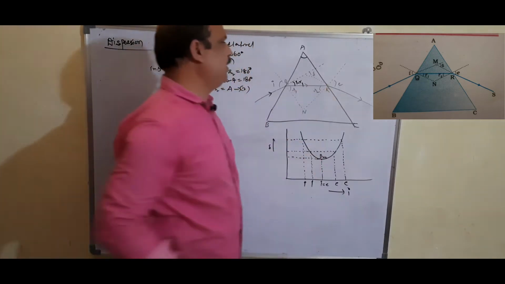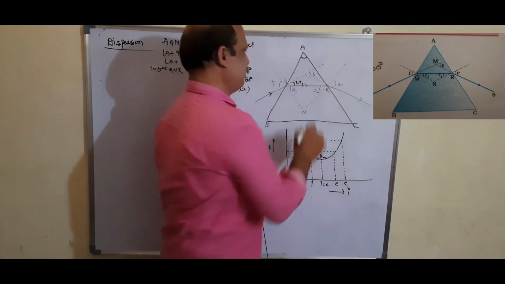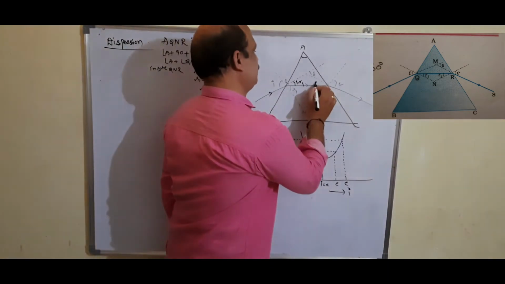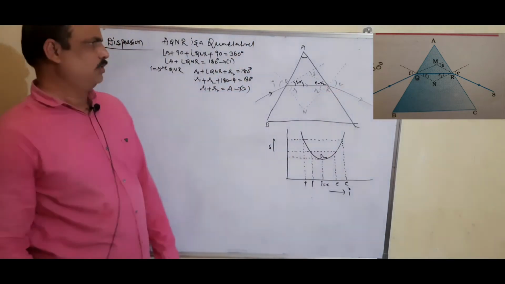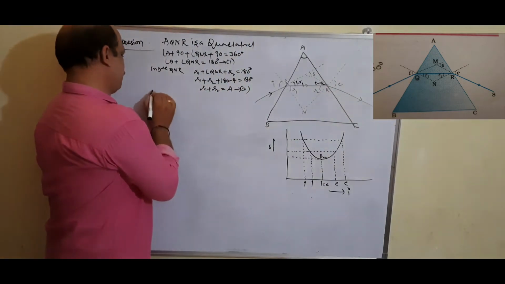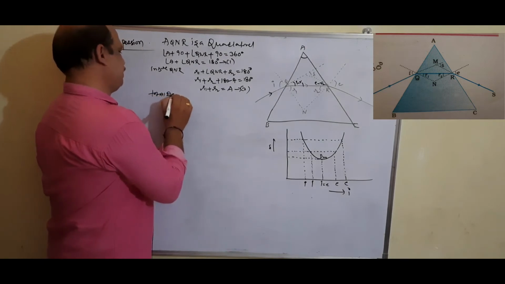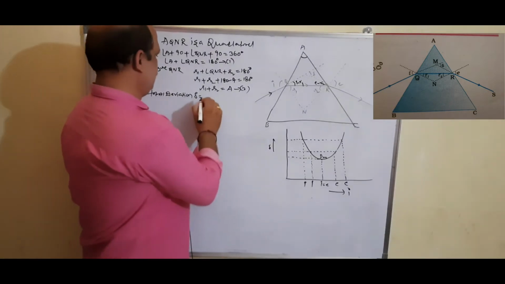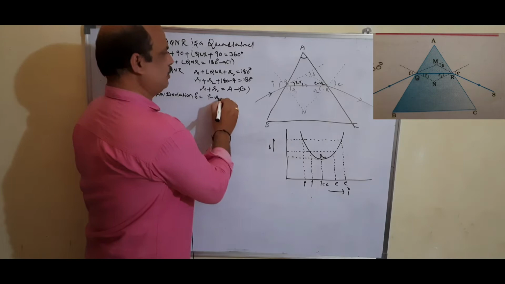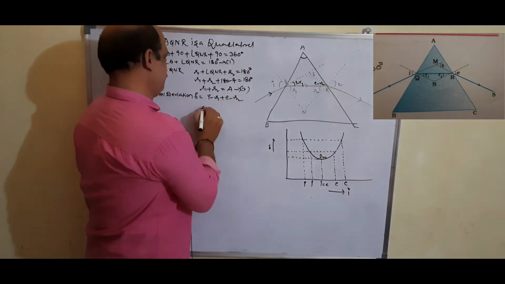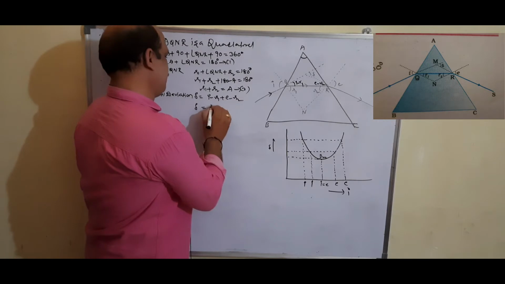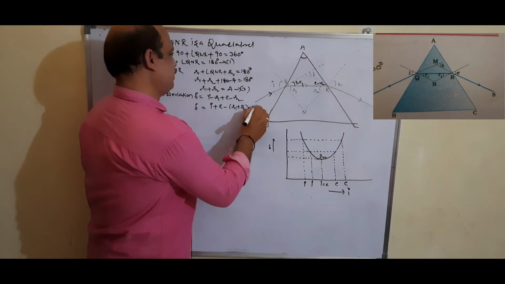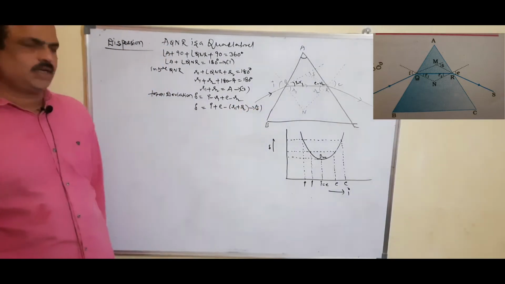So this angle is E minus R2. So the total deviation delta is equal to I minus R1 plus E minus R2. So that is equal to I plus E minus of R1 plus R2. This is equation 3.